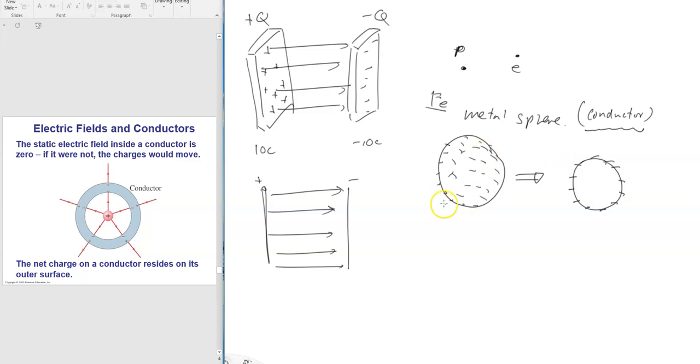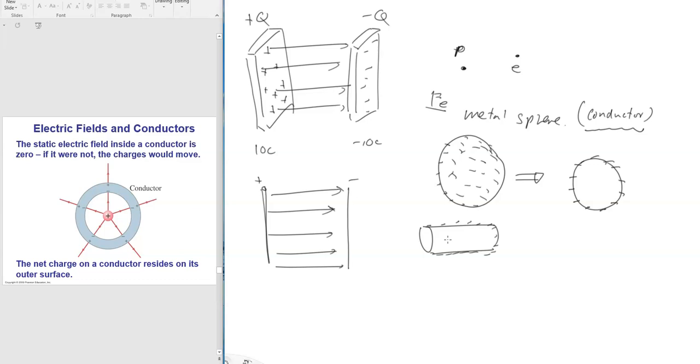It doesn't need to be a sphere. It can be a cylindrical object. You place some electrons, they're all going to be residing on the outer surface. There won't be any charges inside. We'll get into details about these things later.